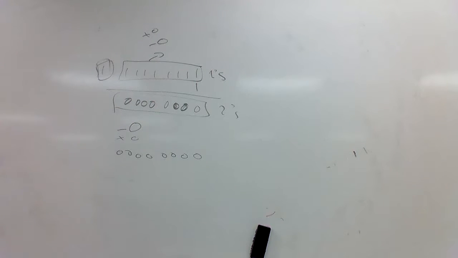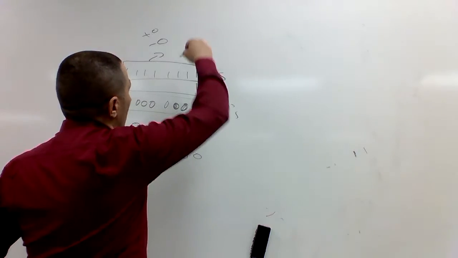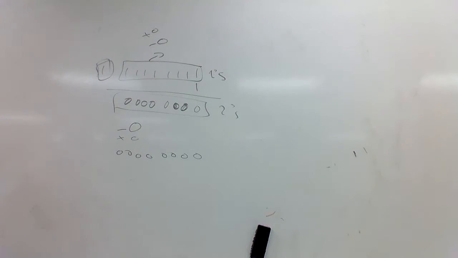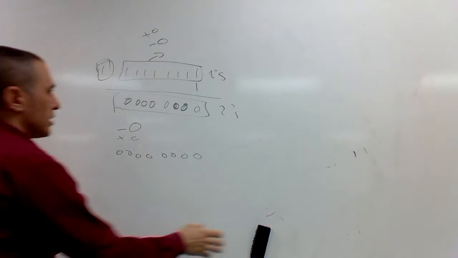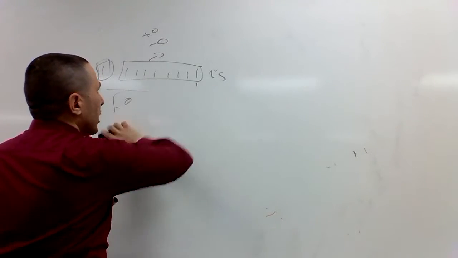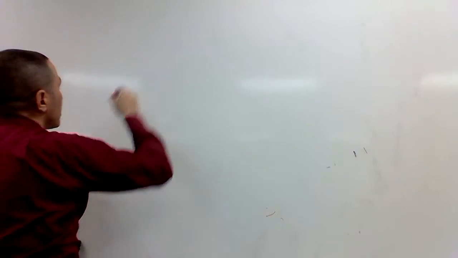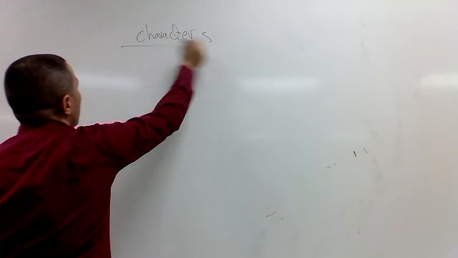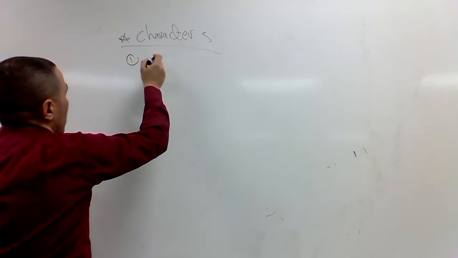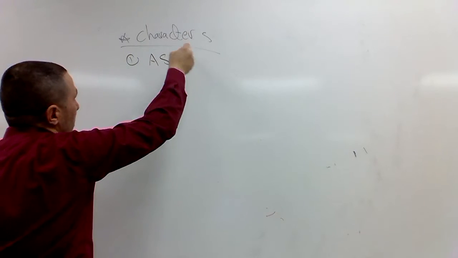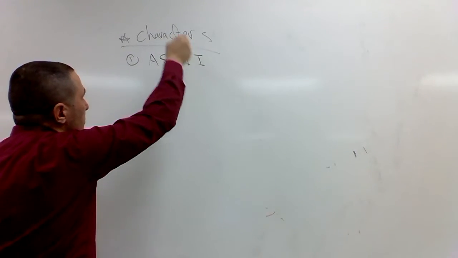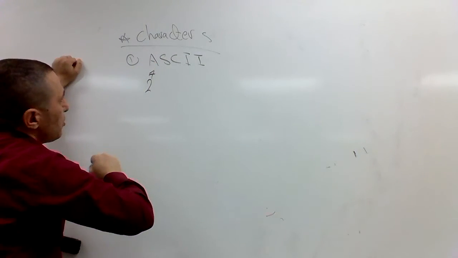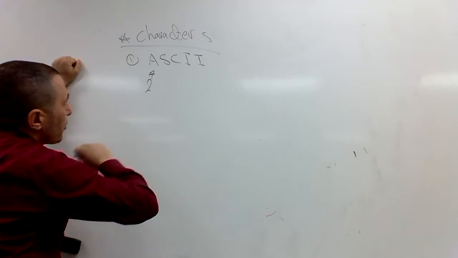So we took how to represent unsigned or positive numbers, and signed representation for negative numbers, in 3 ways: signed representation, 1's complement, and 2's complement. Now how do we represent characters? We said characters can be represented in 3 ways. ASCII, American Standard Code for Information Interchange, uses 7 bits for any character.